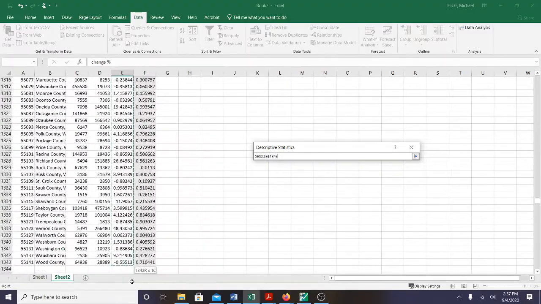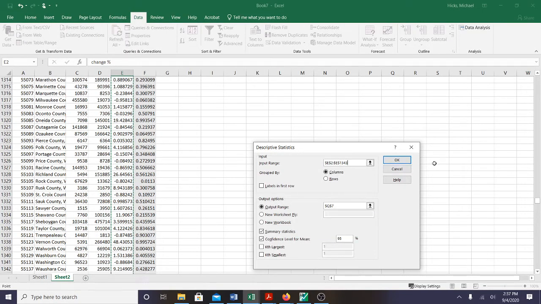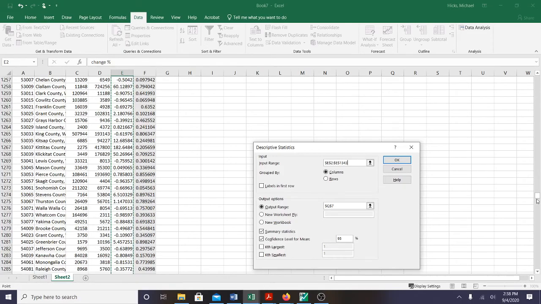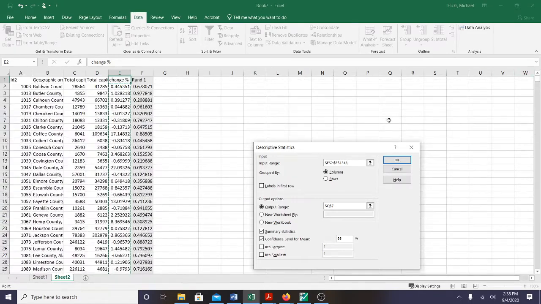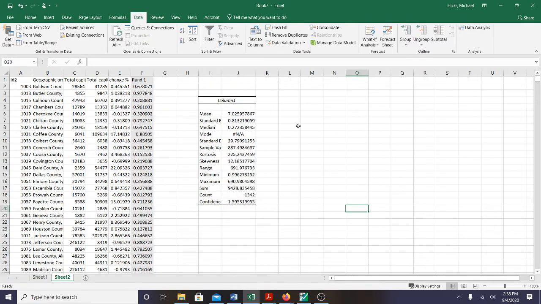These are going to be 1342 different counties in the United States in 2002 and 2007, and I'm going to get an output measure. I'm going to put it right here, that's what I want to see. So the full population mean from these data is 700%, right?